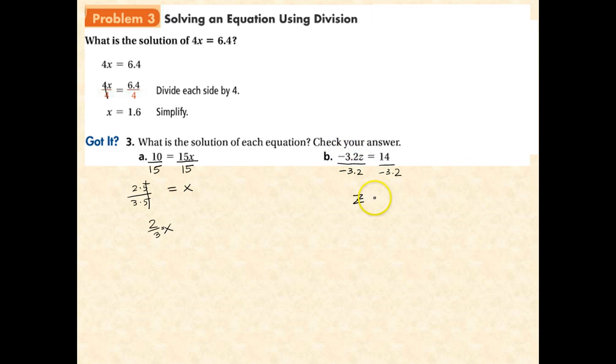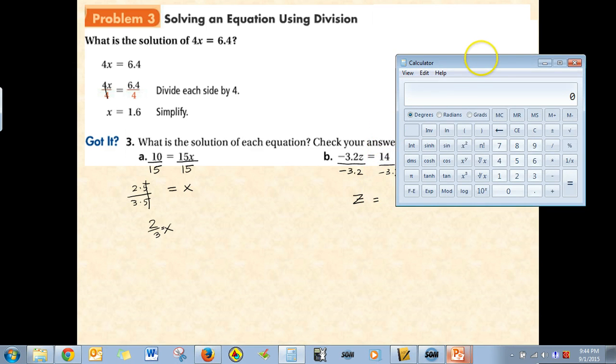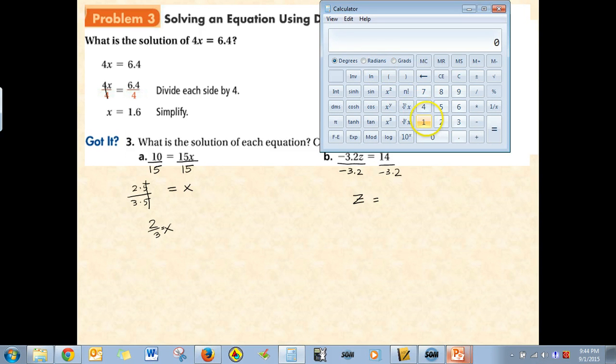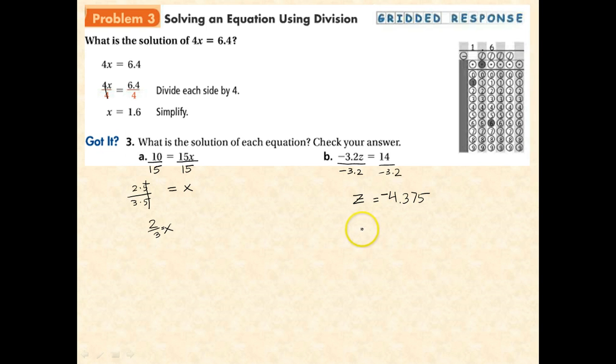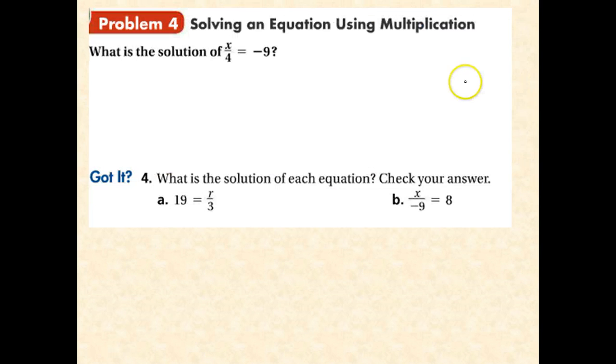So I get z equals, let's use a calculator, 14 divided by 3.2 is 4.375. But we did a positive divided by a negative, so my answer is going to be negative. Cool. Yeah, and if you were going to grid those, it would be like that.